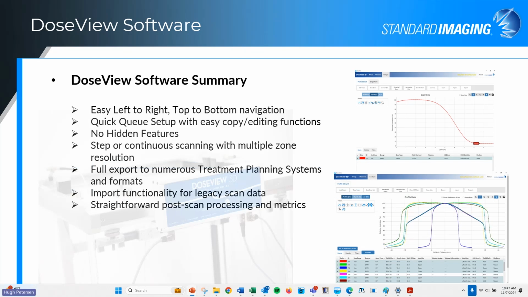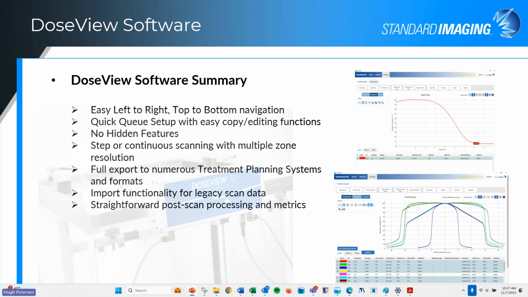The software has easy left to right, top to bottom navigation, quick queue setup with very easy copy and edit functions to make quick scan capabilities. We call that no hidden features. Everything's at your fingertips. We have the ability to choose either step or continuous with multiple zone resolutions as well.